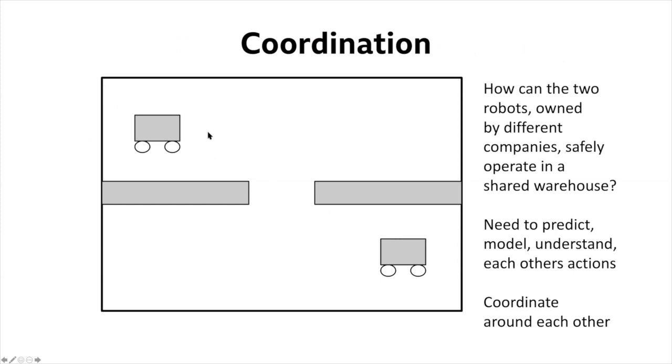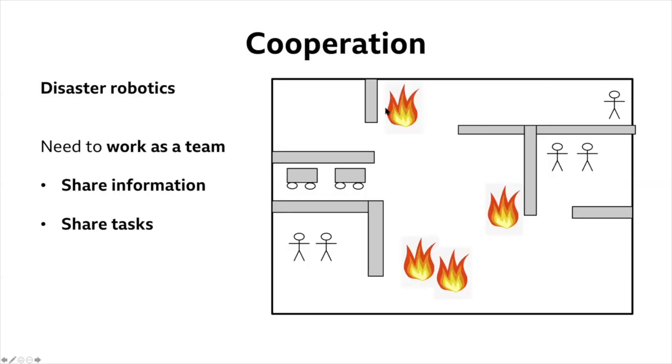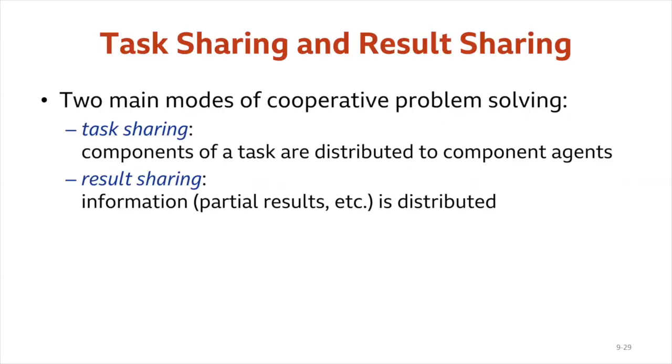And in that way, they can help each other out while they carry out each other's tasks. And the second mode of cooperative problem solving is result sharing. What that means is sharing information about what's going on. And this is the kind of thing that we saw over here. And we might see result sharing and task sharing in this disaster robotics scenario.